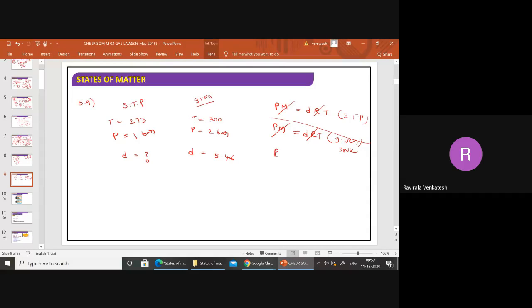What remains is the pressure at STP conditions over the pressure at given conditions, equal to the density at STP over the density at given conditions, and the temperatures are also different.